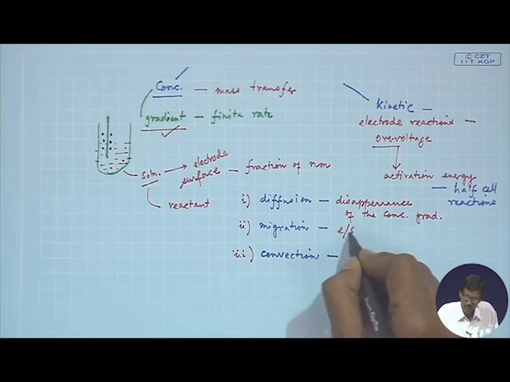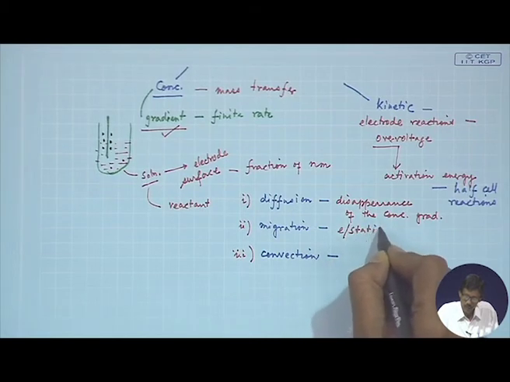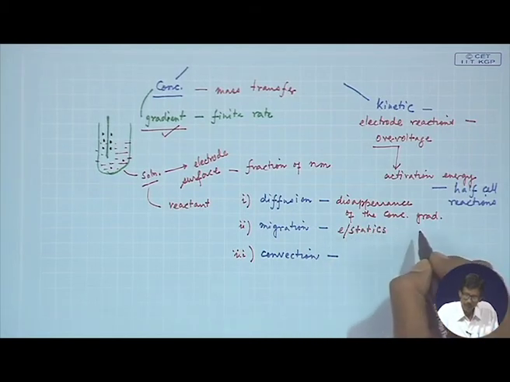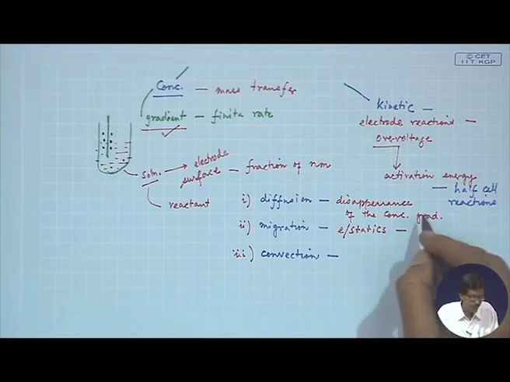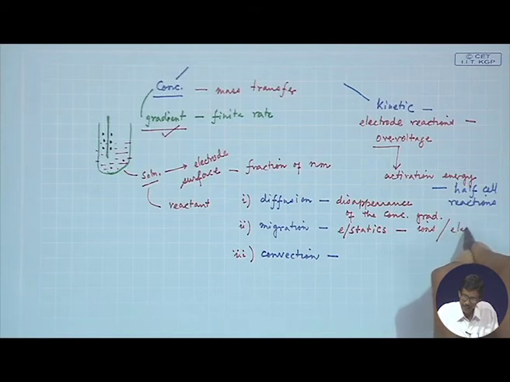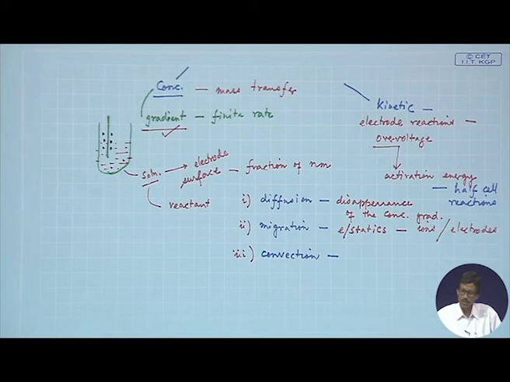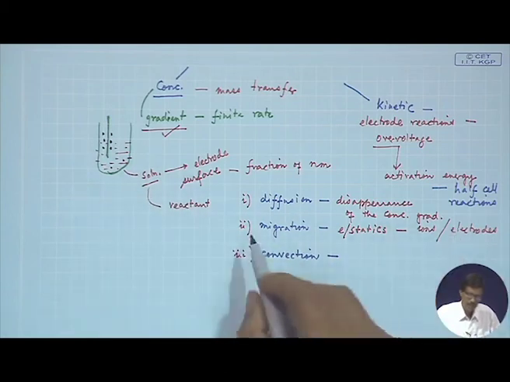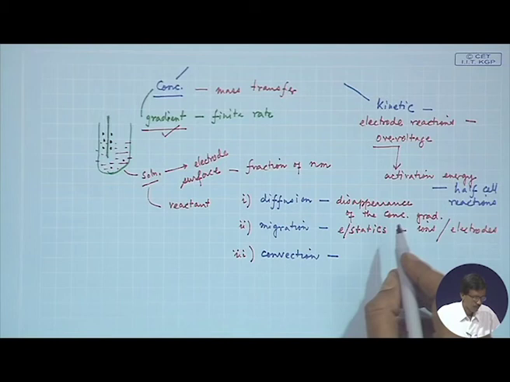Then for migration, we must have electrostatic attraction between the ions and the electrodes. That means electrostatic forces are working between the ions and the electrodes. This is important, because ions are charged and electrodes are also charged, so if there is some attraction, migration will be facilitated.